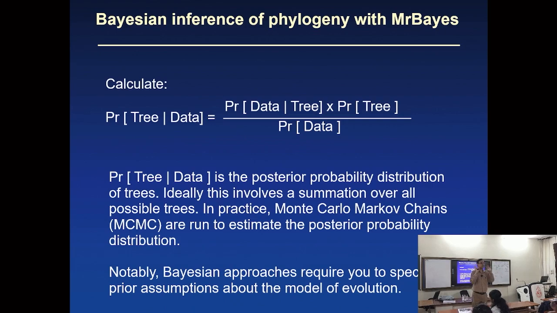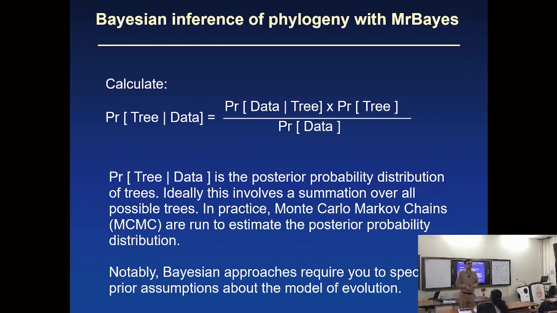After having seen the evidence, you can include the prior information here. This is the prior probability, but the prior probability may change when data are given. Data here are the evidence. So one can compute the posterior probabilities of the trees.